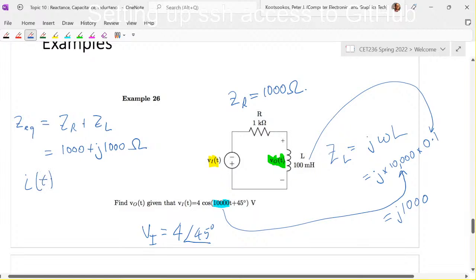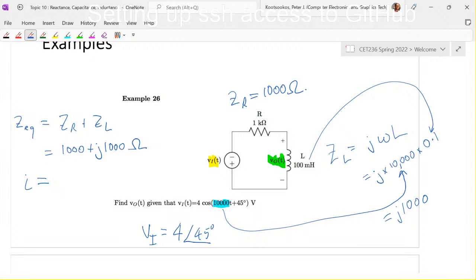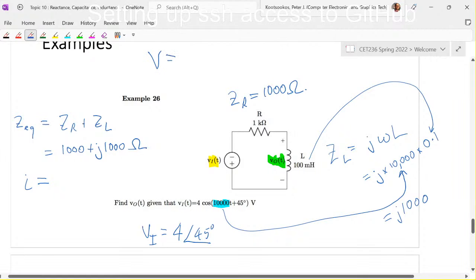And I'm not going to write it as I of t, I'm just going to write it as small I. Remember V equals IZ is the impedance version of Ohm's law. V equals IR, the impedance version of Ohm's law.